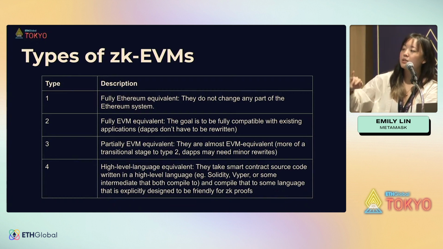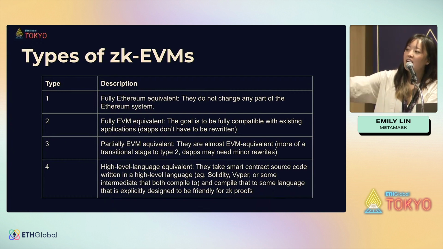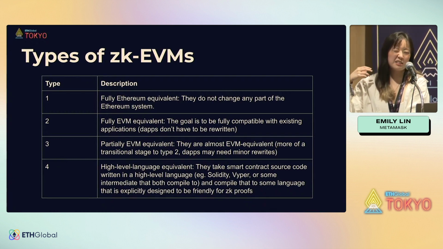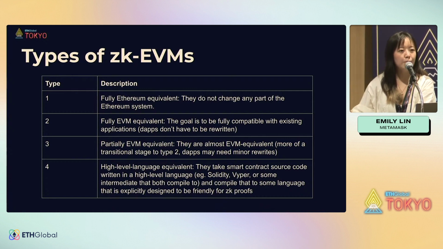The difference here specifically is that being farther away from the EVM is a bet that the EVM inherently is not super compatible with ZK proofs, so performance is not as easily achievable.